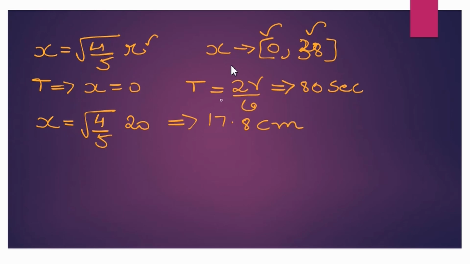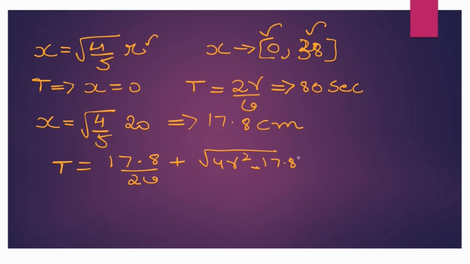If you substitute the value of x, 17.8 centimeters, in the equation of time period, that is x by 2v, 17.8 by 2v plus root of 4r square, r is again 20, minus 17.8 whole square by v, that is 0.5, you get this particular time period, that is 89 seconds. If you solve this, you'll get 89 seconds.